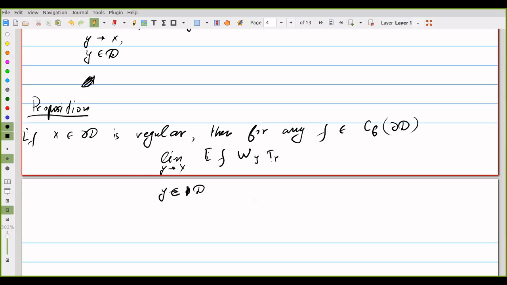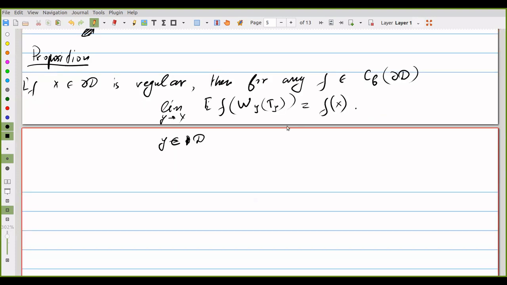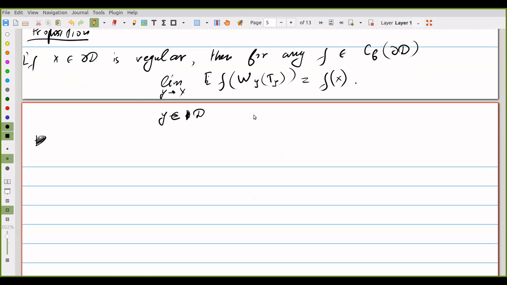So this is exactly what I meant when I said that our initial function u is well behaved at regular points. It's going to be continuous.